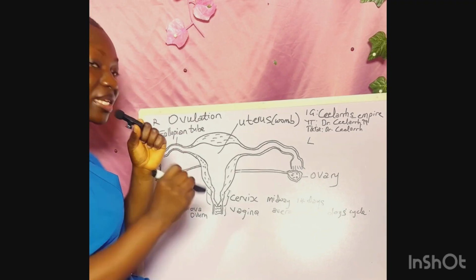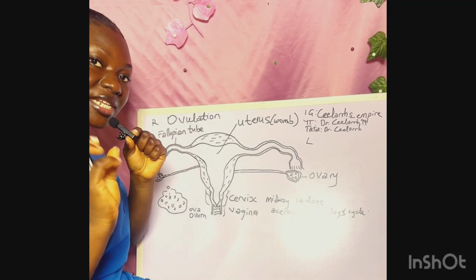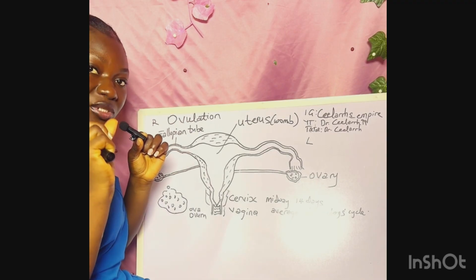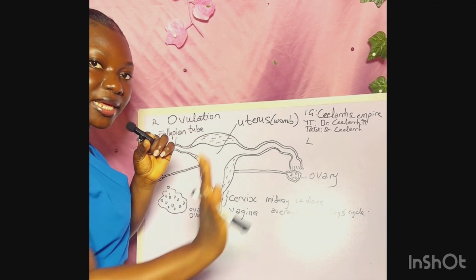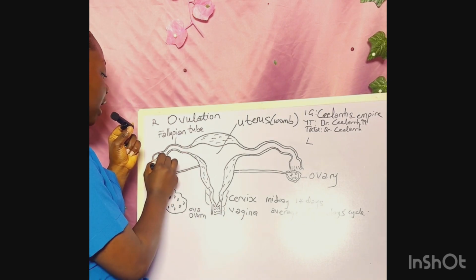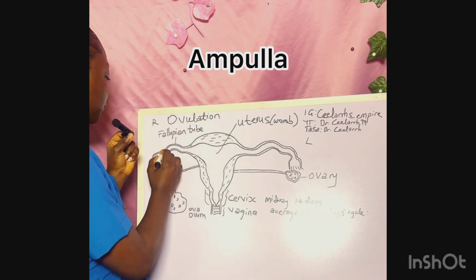And in the fallopian tubes, there are hair-like structures, and also the muscular squeezing or contraction that this tube undergoes helps to push the egg towards the uterus. The fallopian tube has this widest part here called the ampulla.